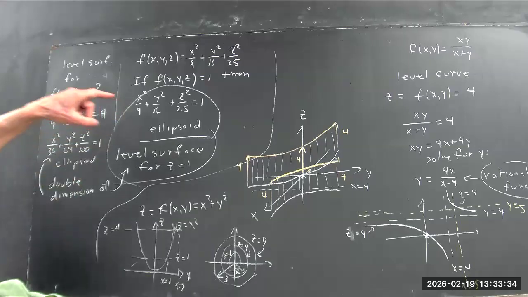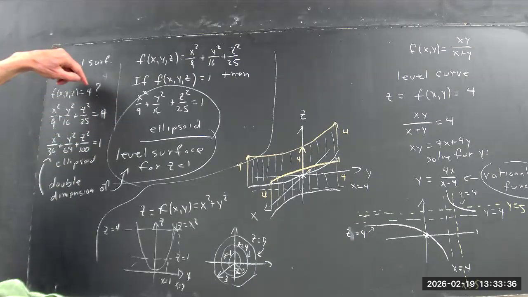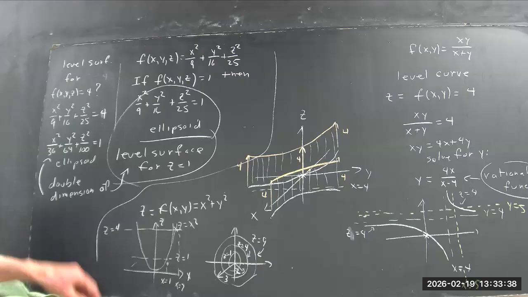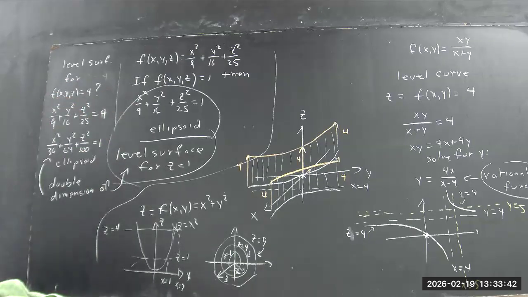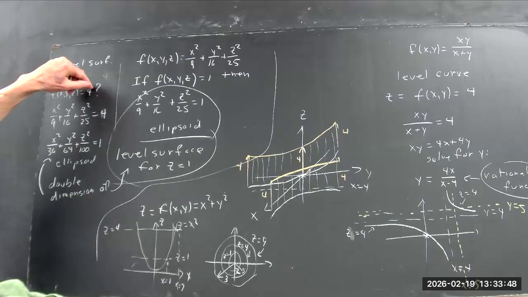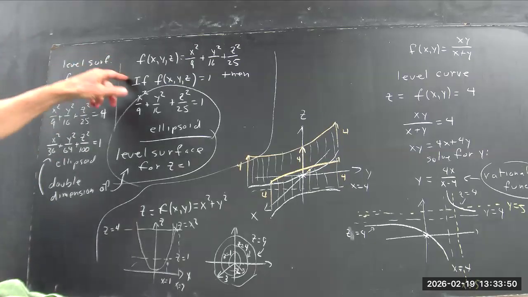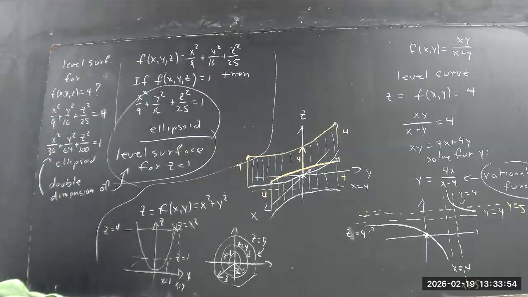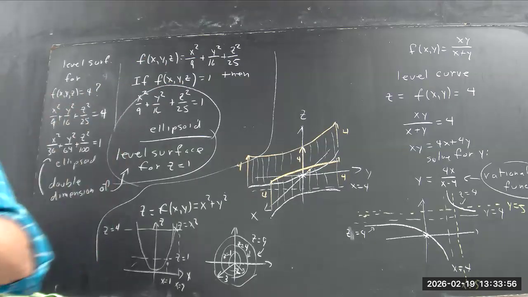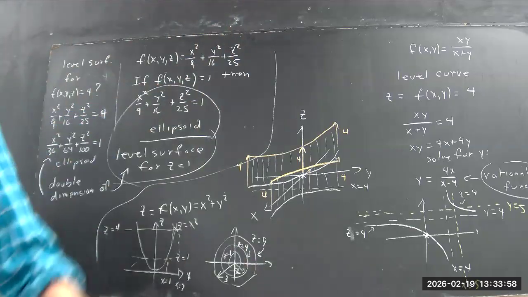And as you keep increasing the value of your constant, because this is the surface on which f of x, y, z takes a constant value of 4, and this is the surface where f of x, y, z takes a constant value of 1. If you increase the constant value, you're just getting bigger and bigger ellipsoids.